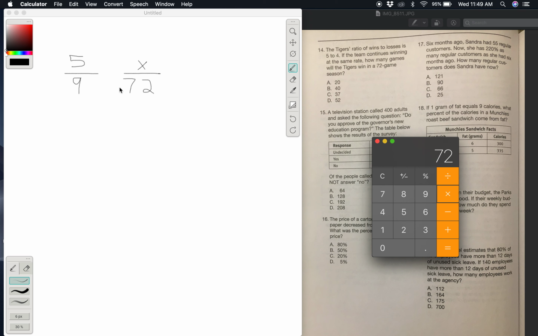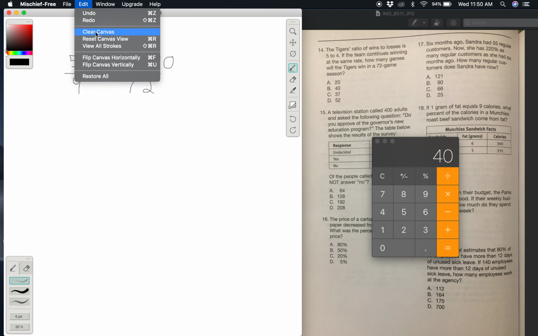And then we will divide in this direction. Divided by 9 equals 40. So basically they played 72 games and they won 40 out of the 72. So that's the ratio. 5-9 is 40 over 72. So B is your answer.